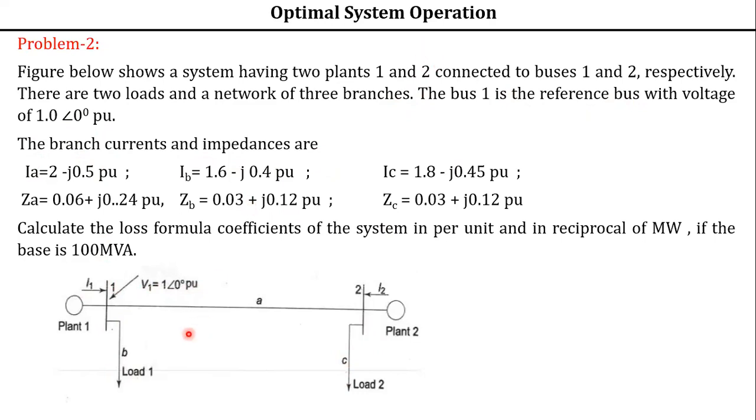There are 3 branch currents: IA flows through branch A, IB through branch B, and IC through branch C. Similarly, the impedances of lines A, B and C are given as ZA, ZB and ZC. This is the data given in the system.